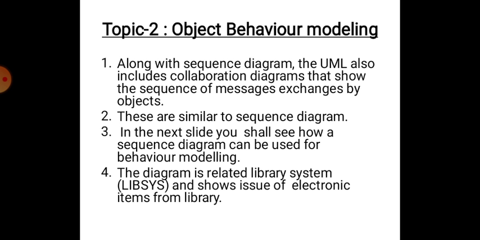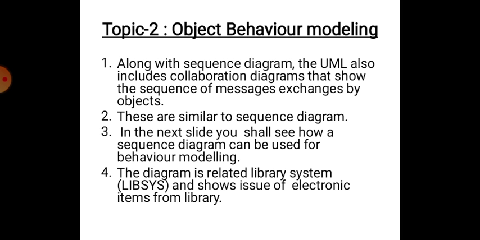Point number 3. In the next slide, you shall see how a sequence diagram can be used for behavioral modeling. So here we are going to take help of a sequence diagram to understand behavior modeling. Point number 4.